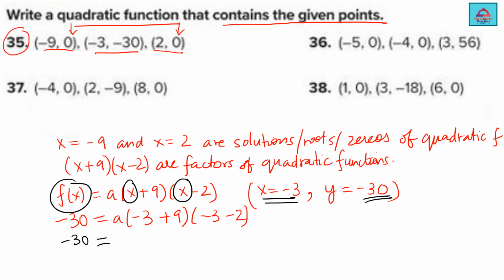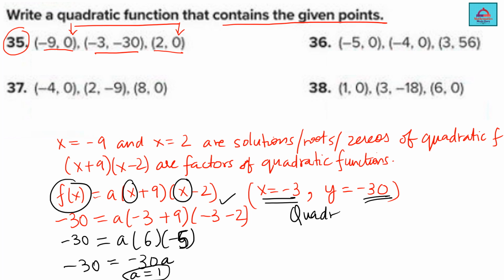Let's simplify. We need the value of a. This is 6 times -5, sorry, minus 5, and this is -30 times a equals -30. So a is 1. That means the equation of the quadratic function is (x + 9)(x - 2).